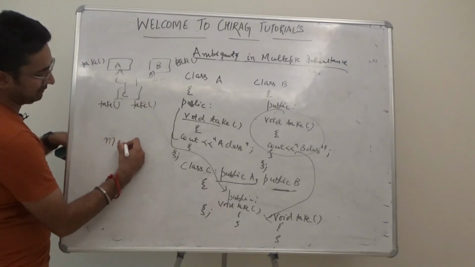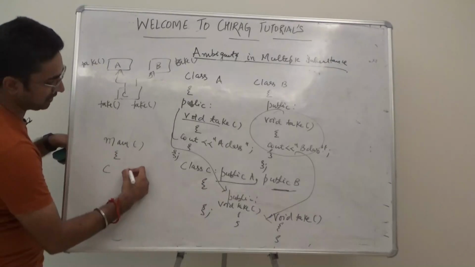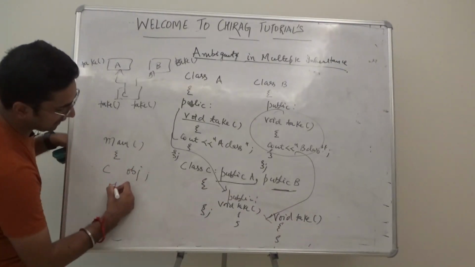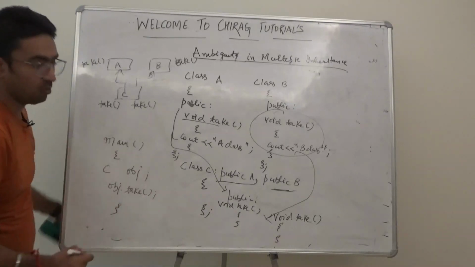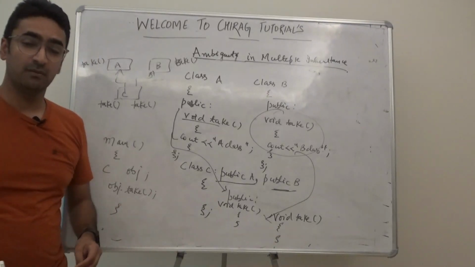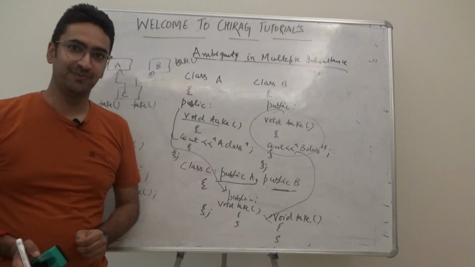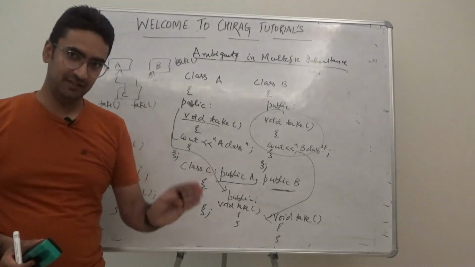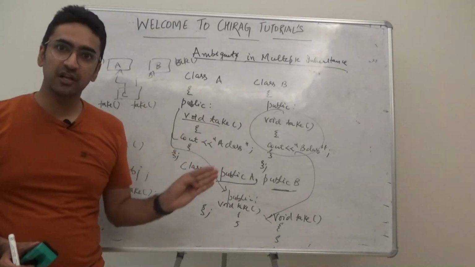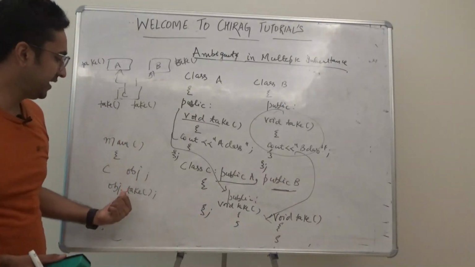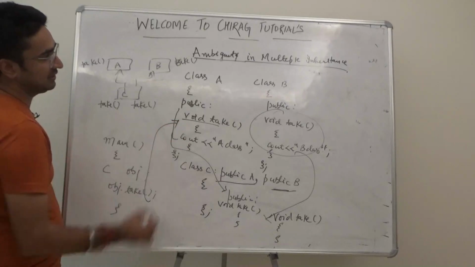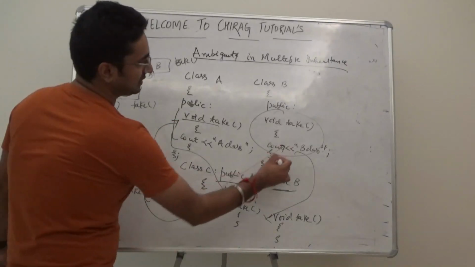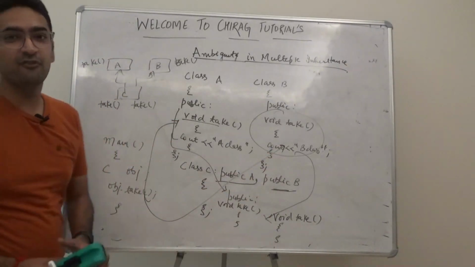Now in the main, if I create the object of C class and I just write obj.take, which function will get called? I have created an object of class C which is a derived class object and I am calling object.take. So there are two takes, whether from this A or whether from this B.